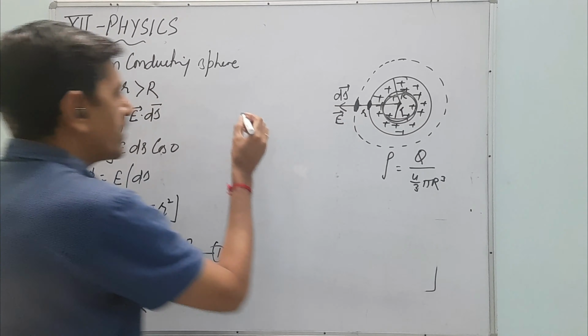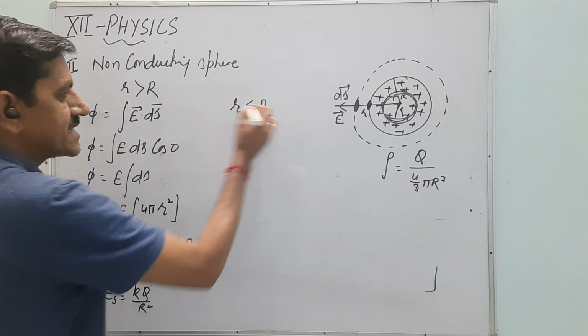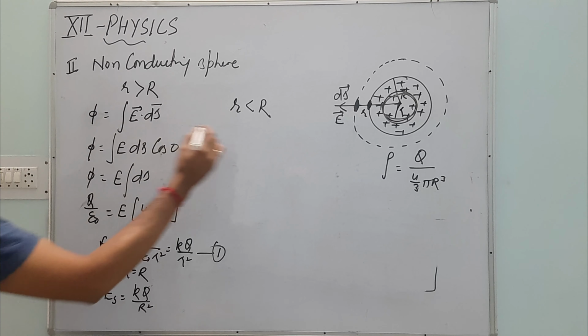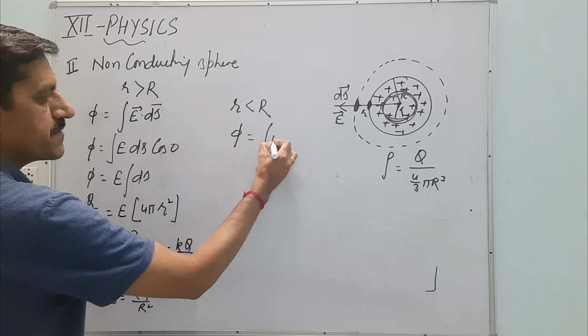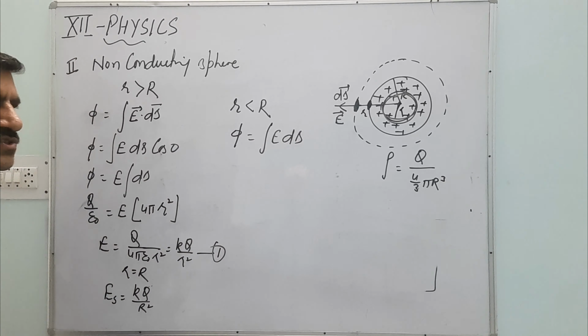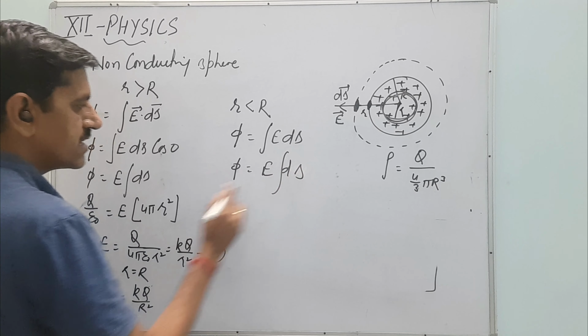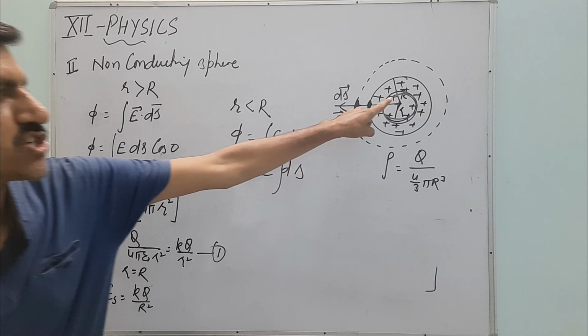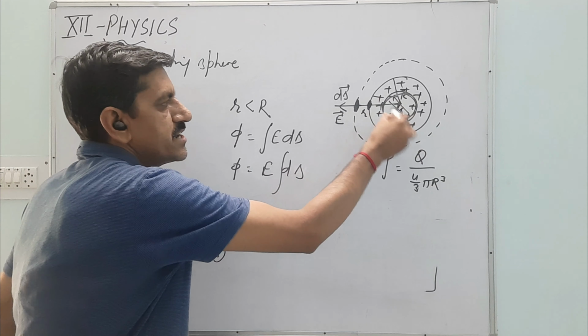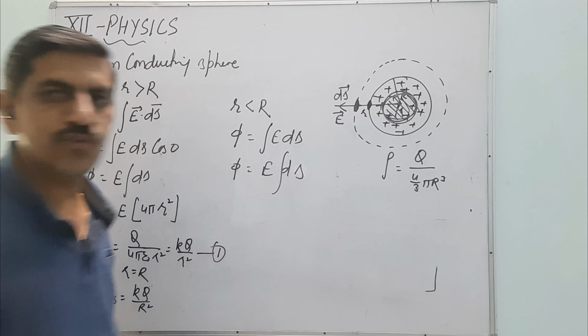If I consider a point well inside, r is less than R, then in that case the flux definition remains the same, E ds cos 0. Flux is equal to E ds. Now this flux is due to the charge enclosed, and this shaded region does not enclose the total charge.